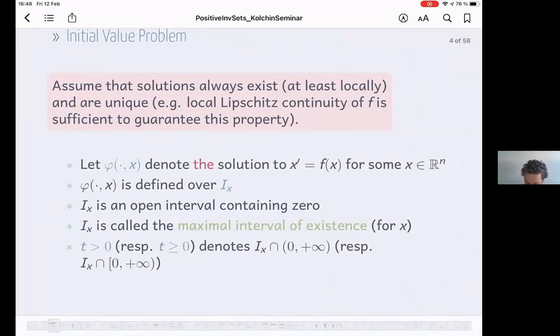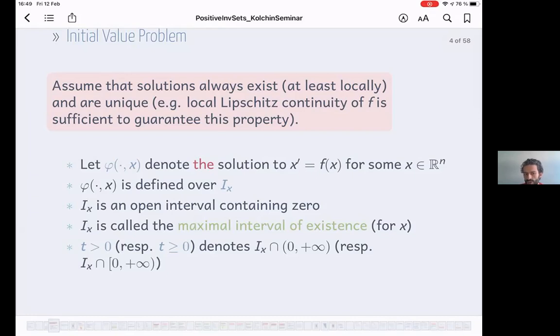So we all know the initial value problem. Assuming a solution exists, at least locally, and is unique. For my ODEs, the right-hand side is continuous, and I'm going to assume that a solution exists and is unique. Local Lipschitz continuity is one sufficient condition to guarantee this property, but I'm not delving into under which conditions for f_i this holds.